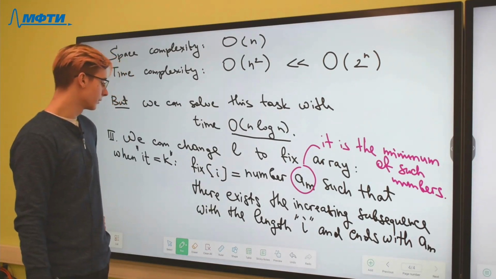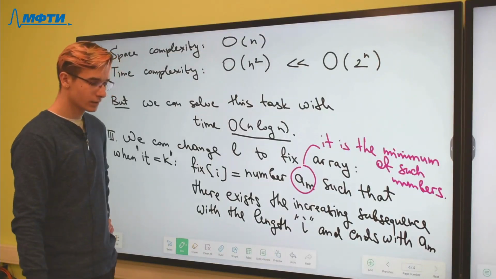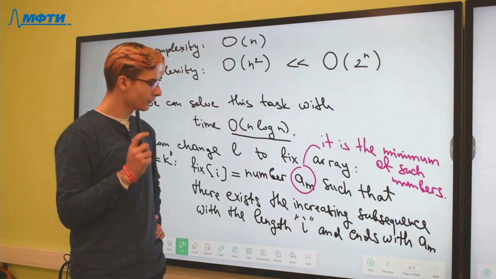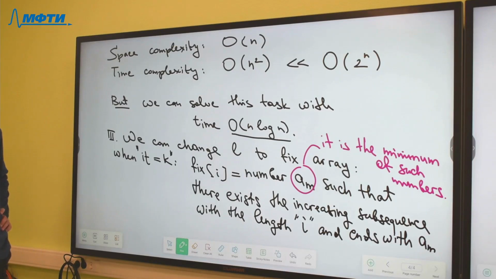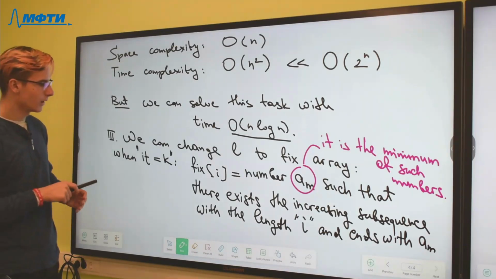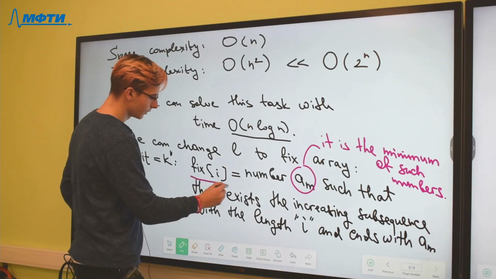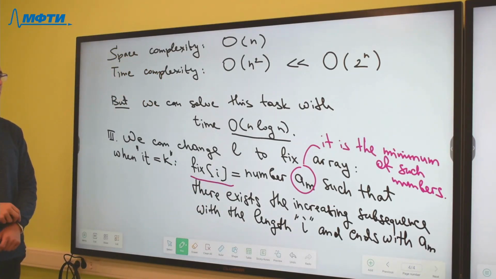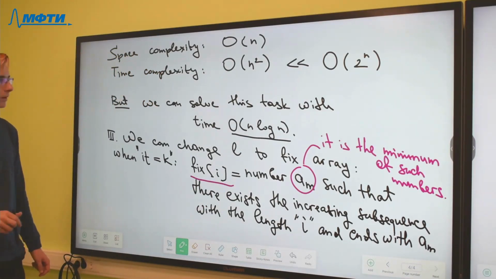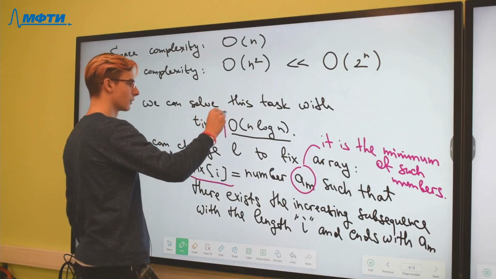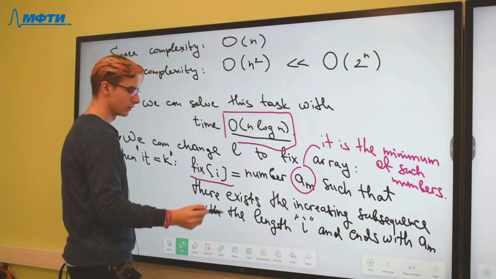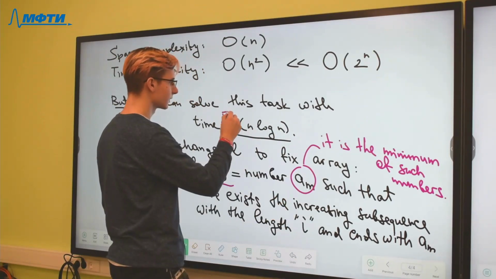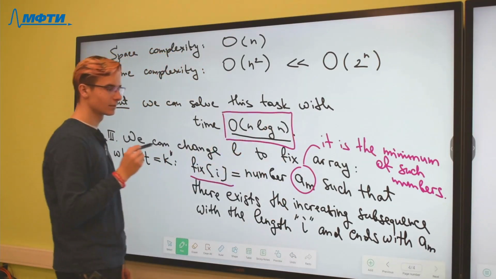So you can try to understand how we will use this array to get this time complexity.